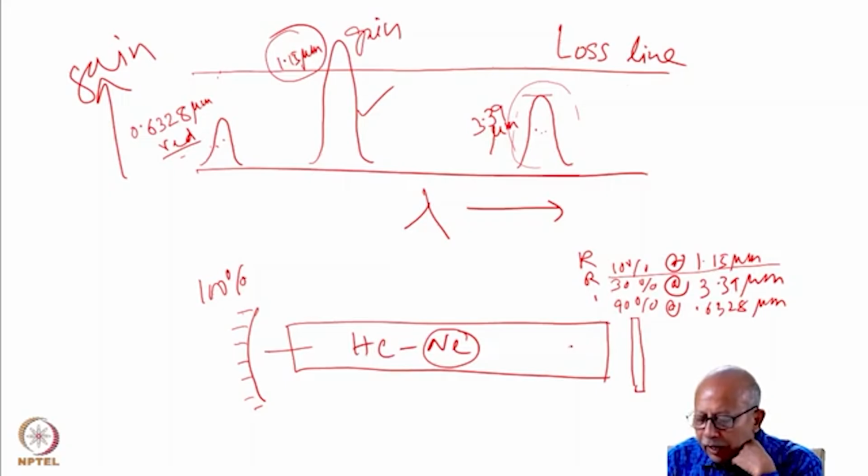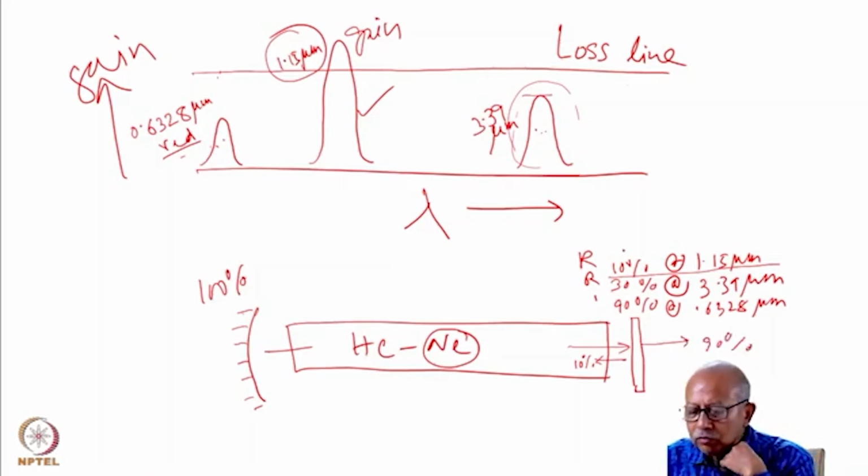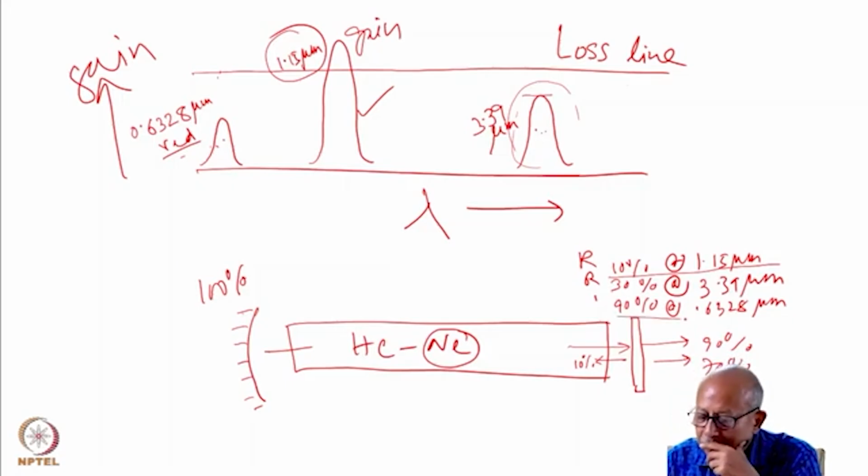So whatever light shines on this, only 10% is reflected. So 90% is lost. So loss for this is very high. And then this one, which has intermediate gain, also gives intermediate loss. 70% of the light is lost. While the lowest gain line has very high reflectivity, 90% of the light that shines onto it is reflected.